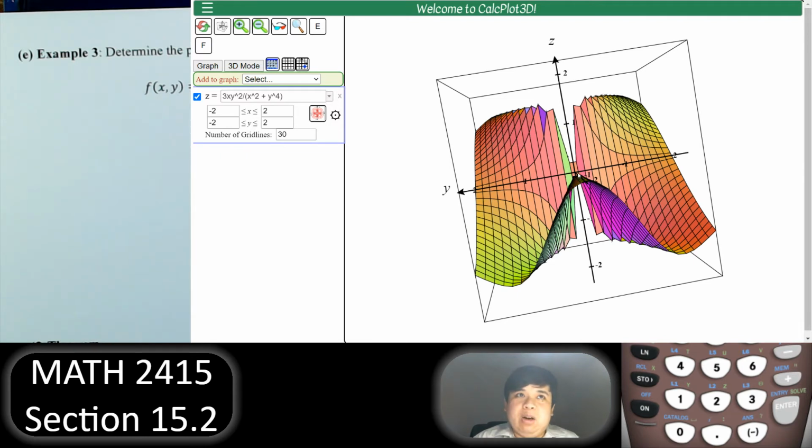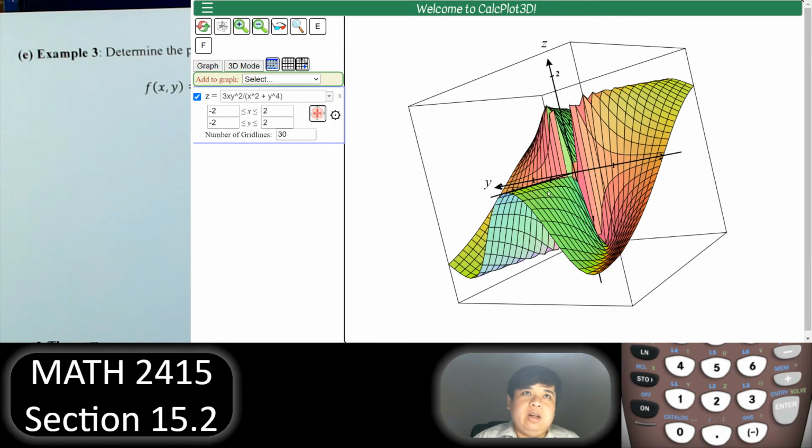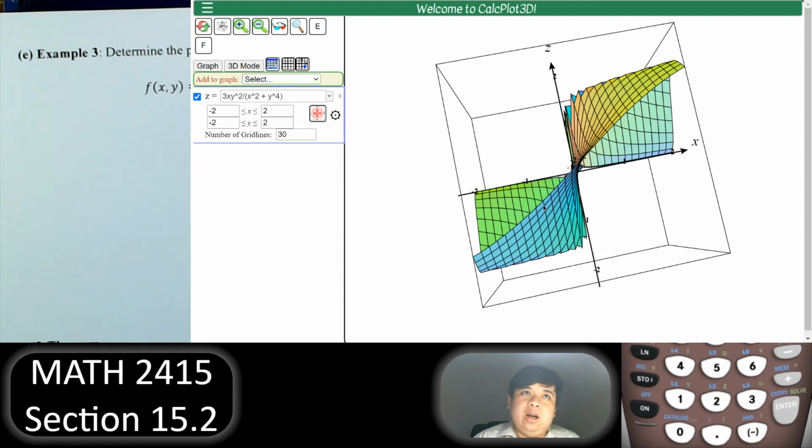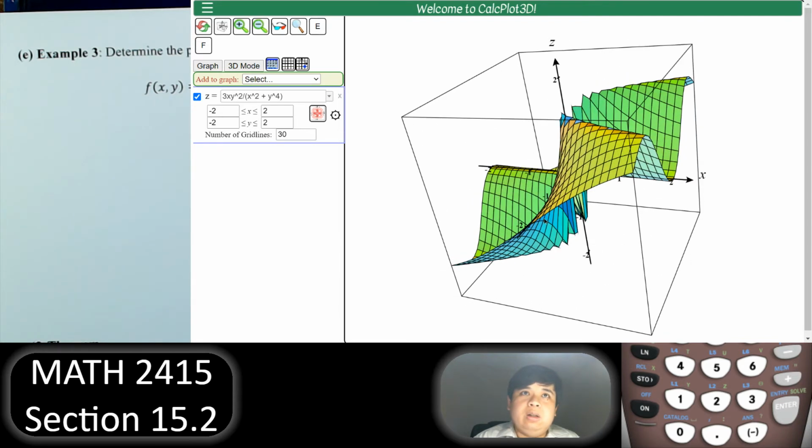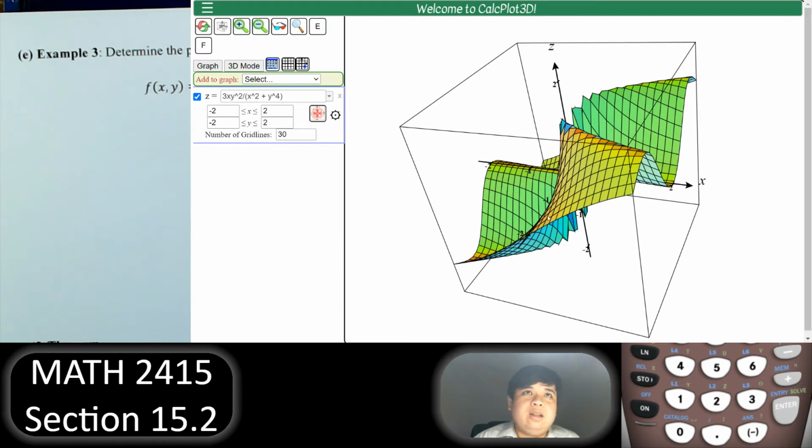And you see at the limit 0, 0 it looks like it's approaching different values. So the limit doesn't seem to exist here because at 0, 0 it's approaching different values there and different values here. Once again, that is CalcPlot3D. So it looks like along the parabola path and along different paths there will be different values. So what is this path? Right, so that is right on the y-axis.